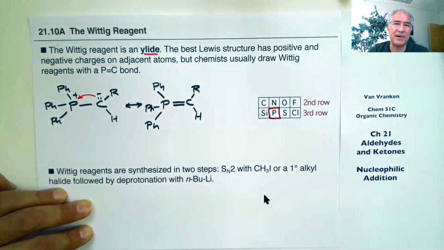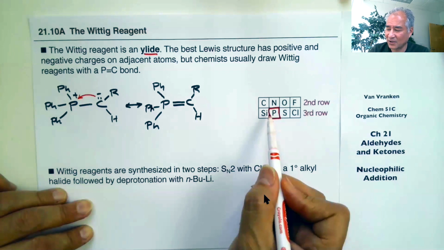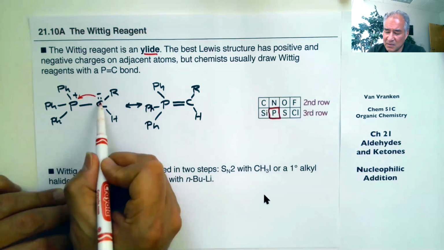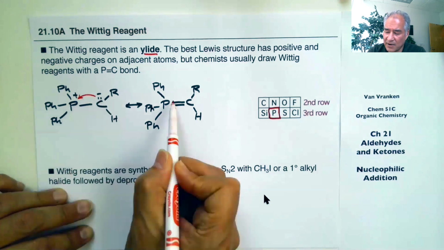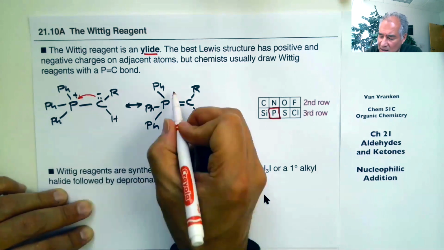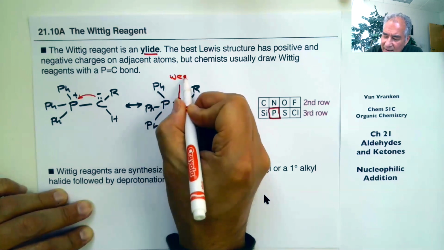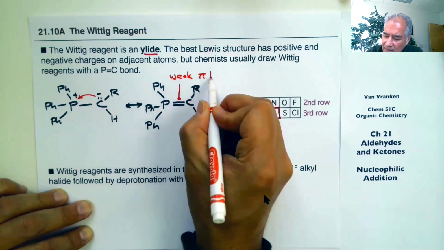Those are stable pi bonds. Double bonds to third row atoms are not very stable. So just because of this mismatch in orbital size, you don't get a very stable double bond here. This pi bond that you generate through donation is a weak pi bond.